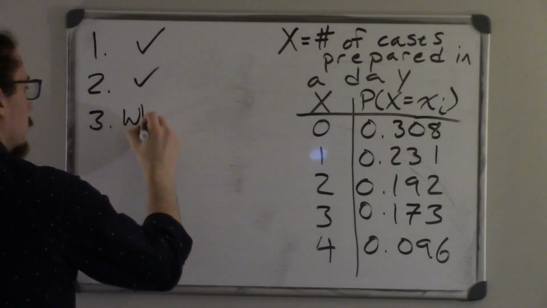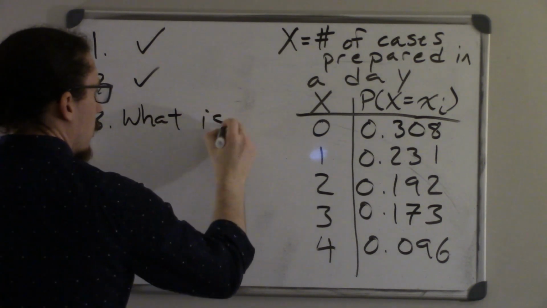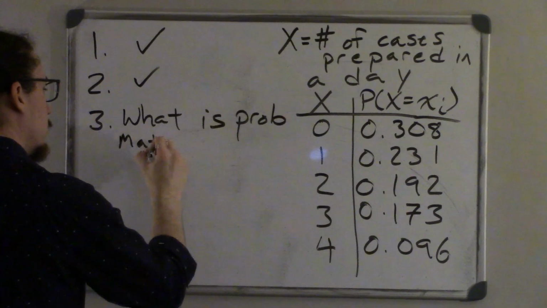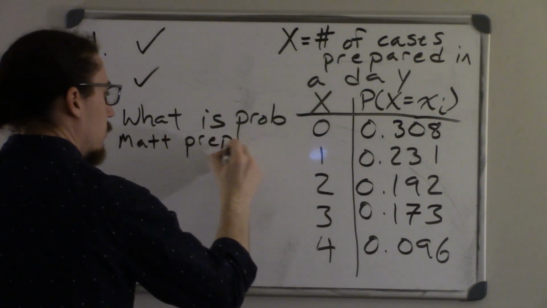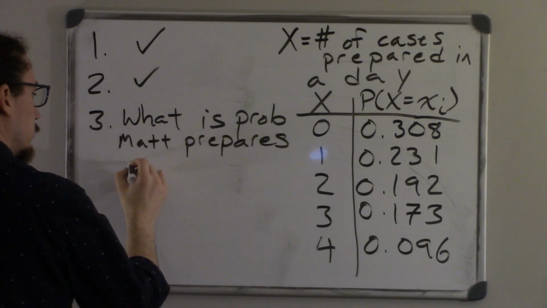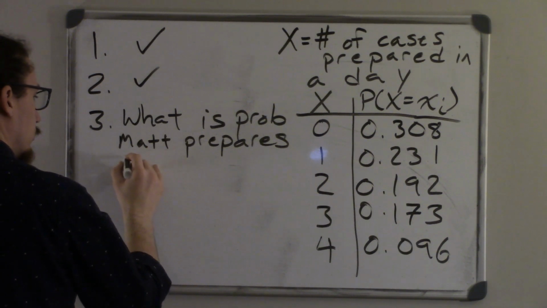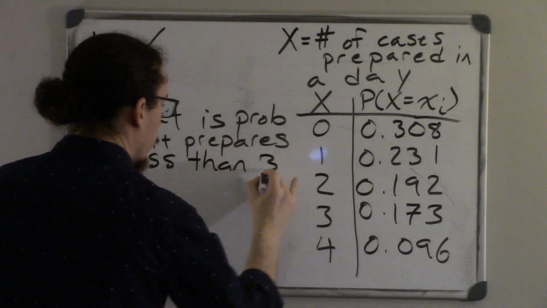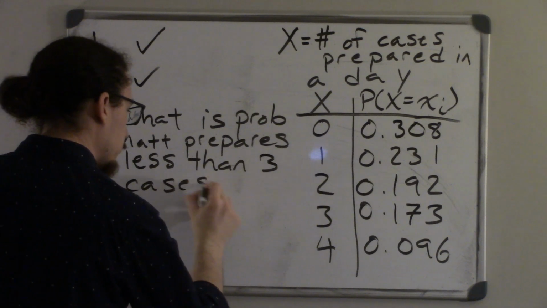Let's say that I want to know, what is the probability Matt prepares less than 3 cases.